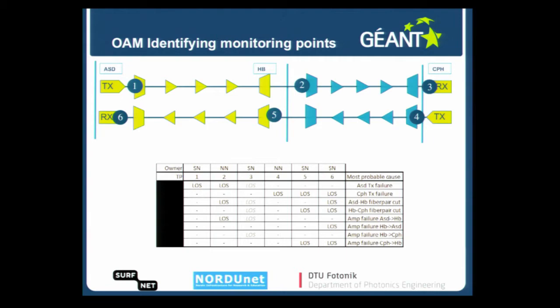From Amsterdam to Hamburg, which is the SurfNet domain, and from Hamburg to Copenhagen, we have identified six different monitoring points, and they each have some sort of correlation that we can map out and see that if we have a loss here, most probably this is the affected circuit, or this is the reason why.